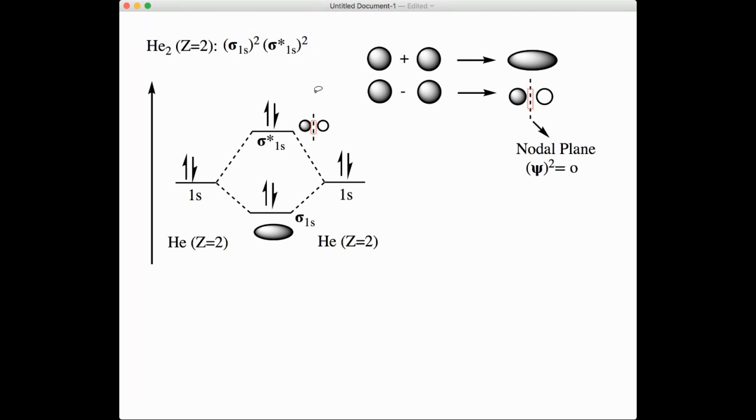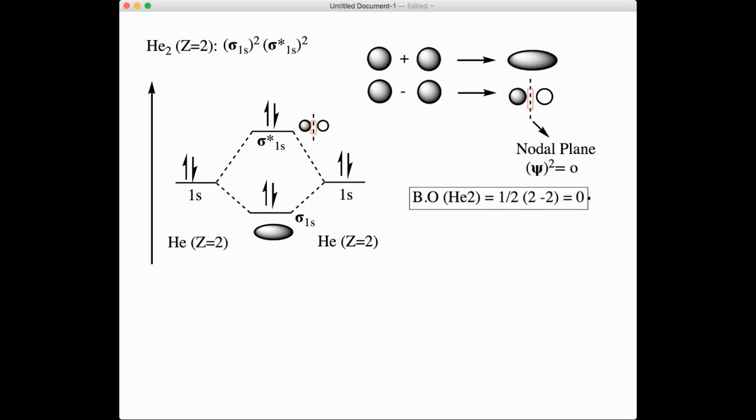And then we also learned in the previous class to calculate the bond order. Remember, bond order is half of the electrons in bonding minus electrons in anti-bonding orbitals. So the bond order for the molecule of He2 would be what? How many electrons do we have here in bonding molecular orbitals? 2 electrons minus 2 electrons in anti-bonding. That is going to be obviously 0.